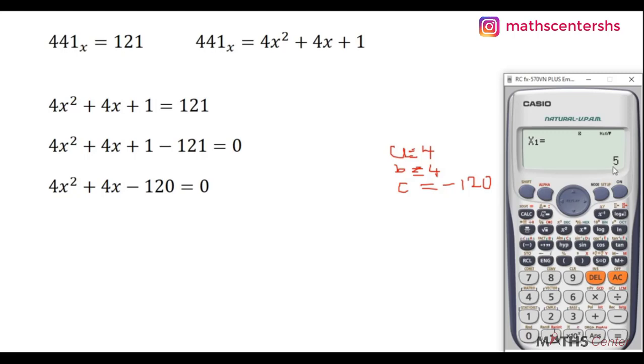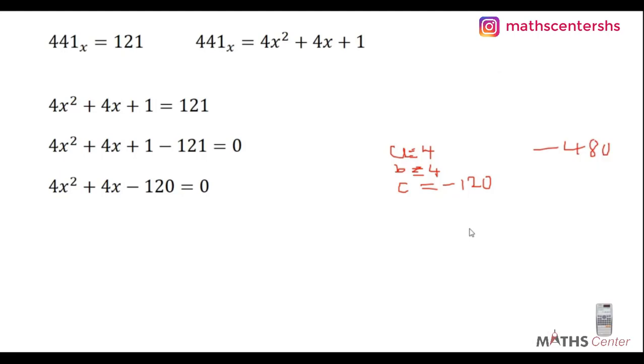Now the first answer is 5. We said that whenever your first answer is positive, you pick it as negative. So you pick it as negative 5. You multiply that with A. So negative 5 times 4 gives negative 20. It means that one of the numbers is negative 20.